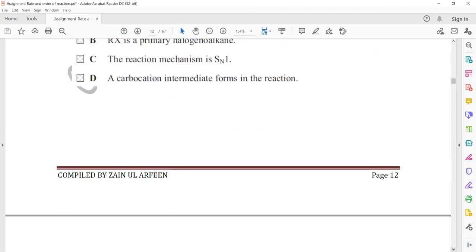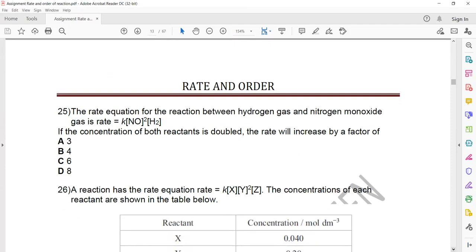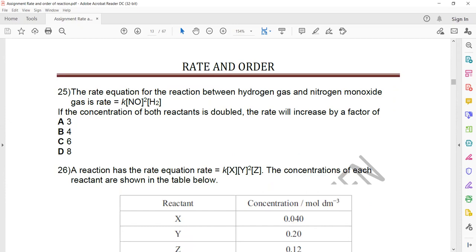And 25, the rate equation for the reaction between hydrogen gas and nitrogen monoxide is shown. If the concentration of both reactants doubles, how does the rate change? That will be 8. So D. D will be the right answer.